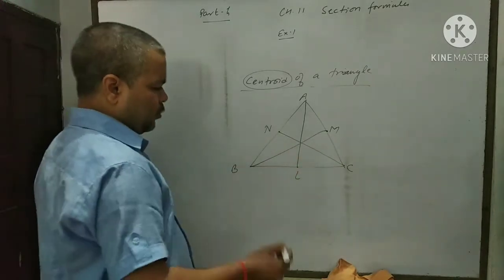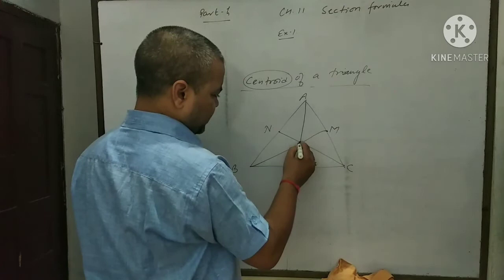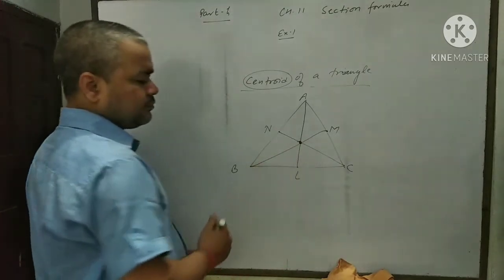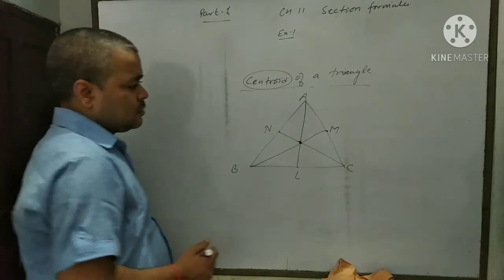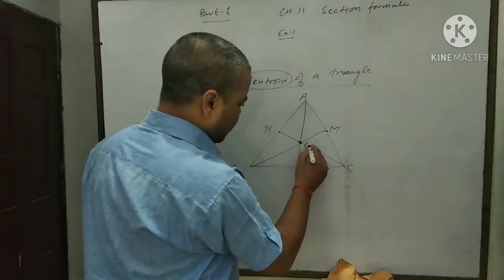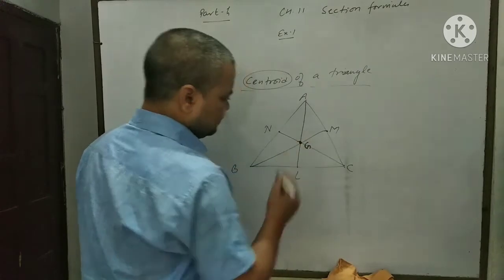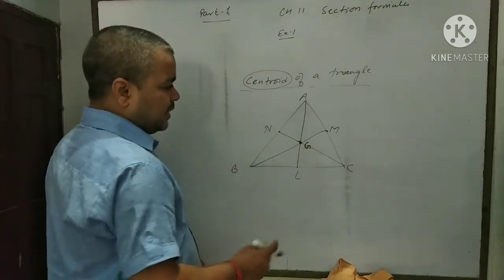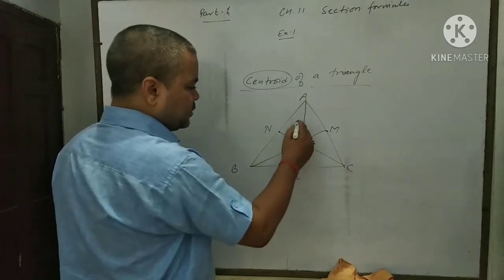So here we find one point where all three medians intersect. This point is called the centroid and is represented by G. The property of this centroid is that it divides AL in the ratio 2:1.